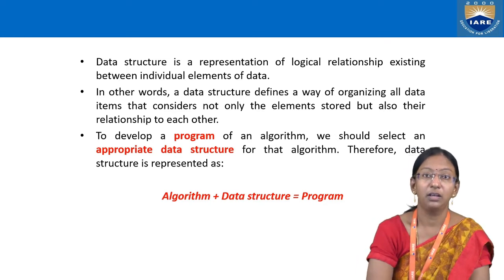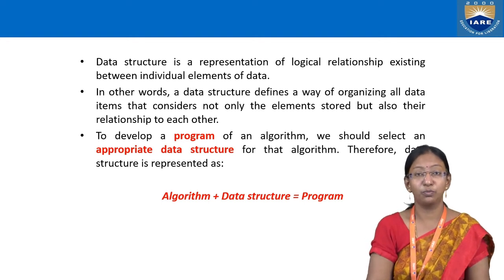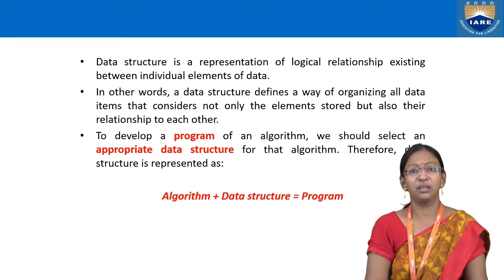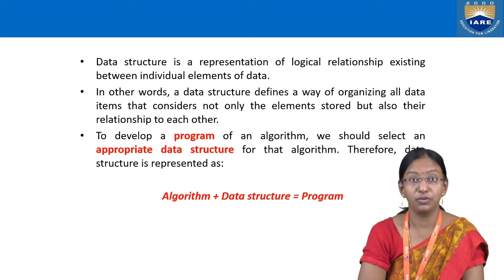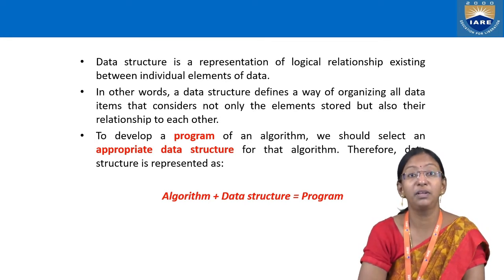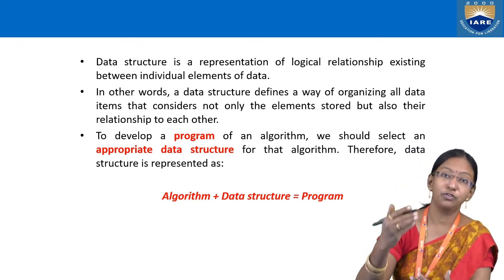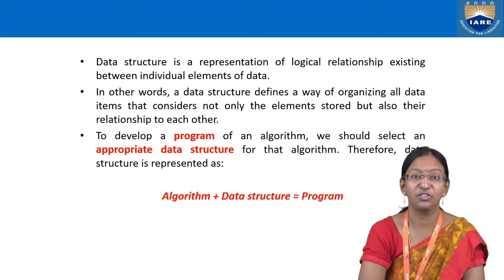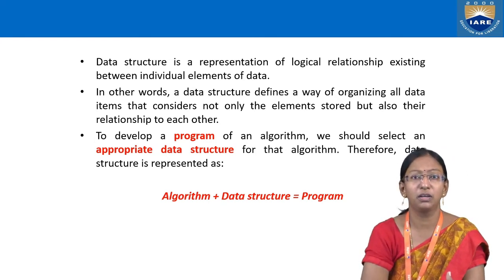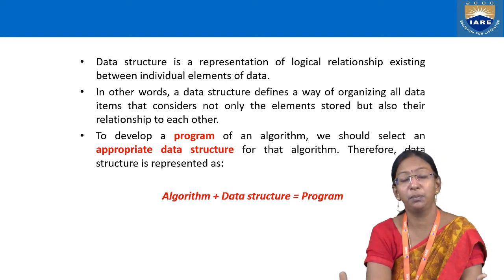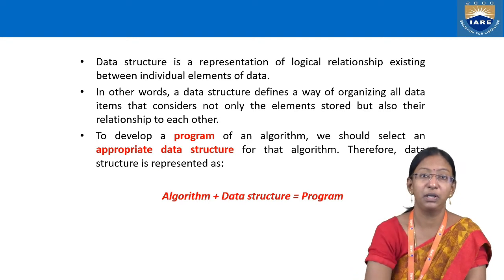Then why do we write programs? The next question that arises is why we write a program. A program is nothing but a solution to a problem, right? That solution will be written programmatically to get the output. For that, first of all, we go with a rough sketch of it. Rough sketch means what kind of data it is going to take, what may be the expected output, and what is the logic behind it.